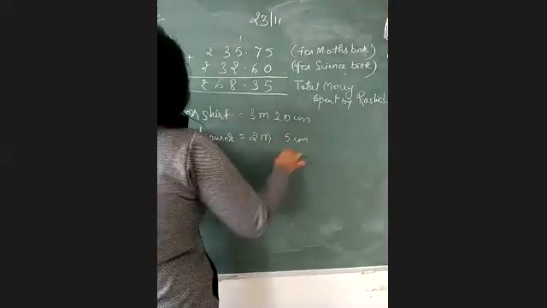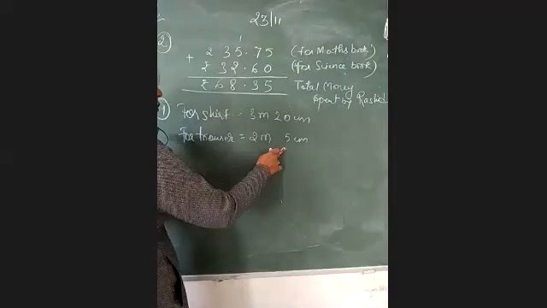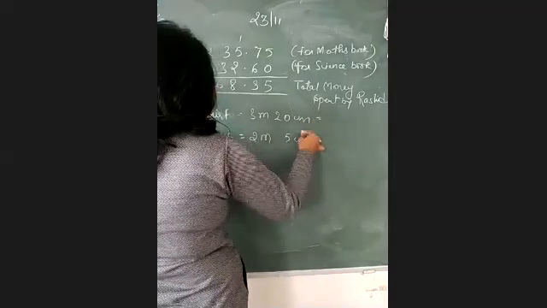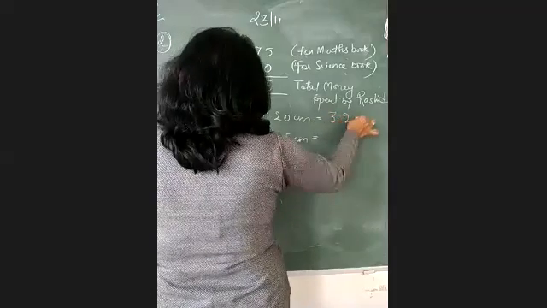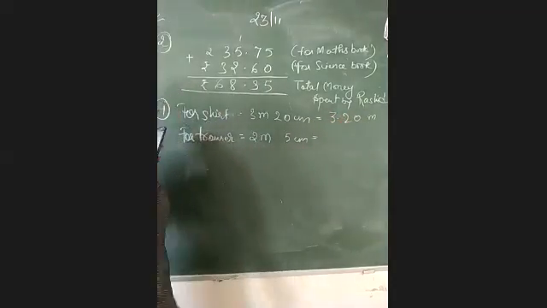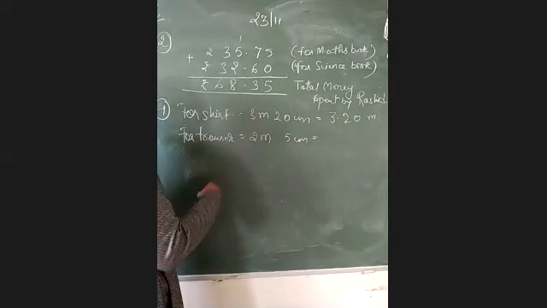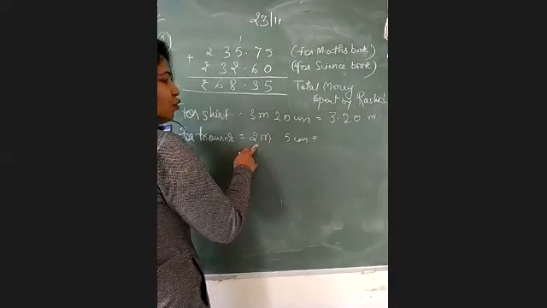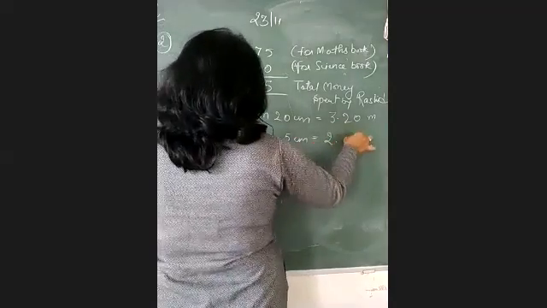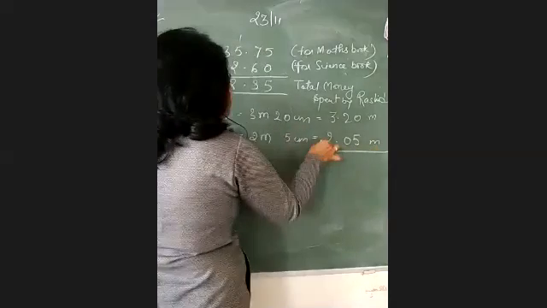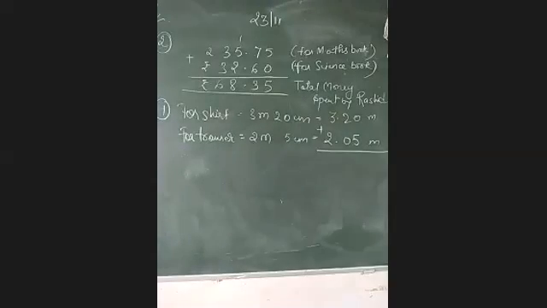Now you should know it is 5 centimeter. If you convert into meter, you have already studied this, it will give you 3.20 meter. You have studied how to convert meter to centimeter and centimeter to meter in the previous exercise only. This is 2 meter 5 centimeter. It will give you 2.05. Yes or no? Tell me.